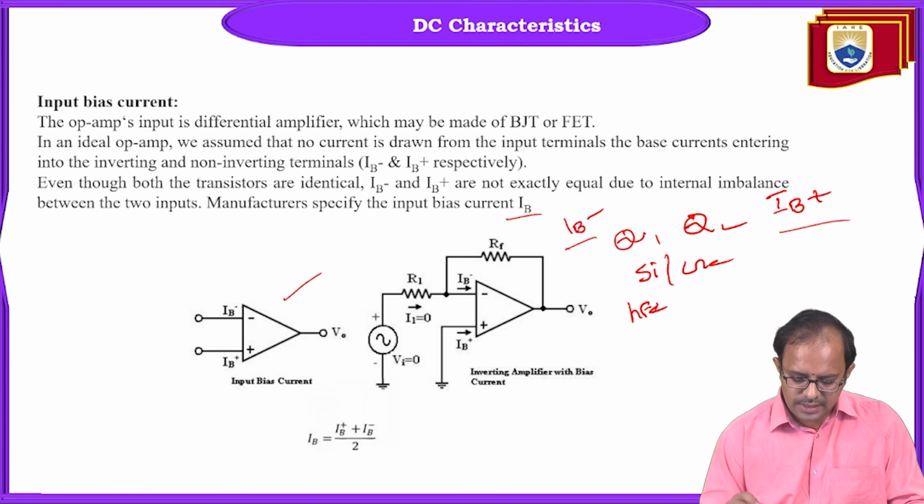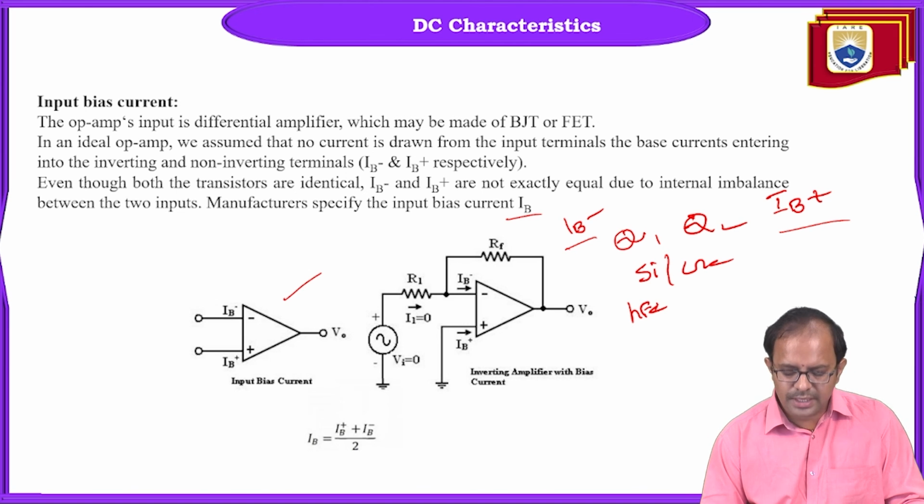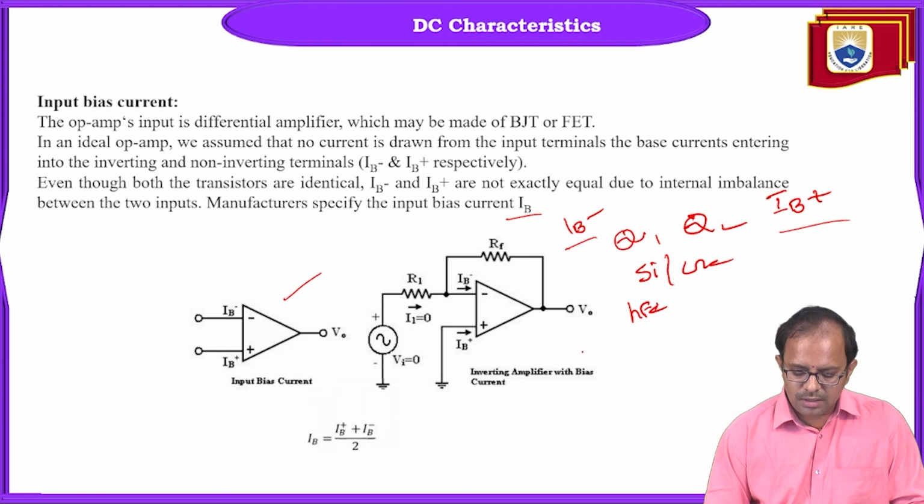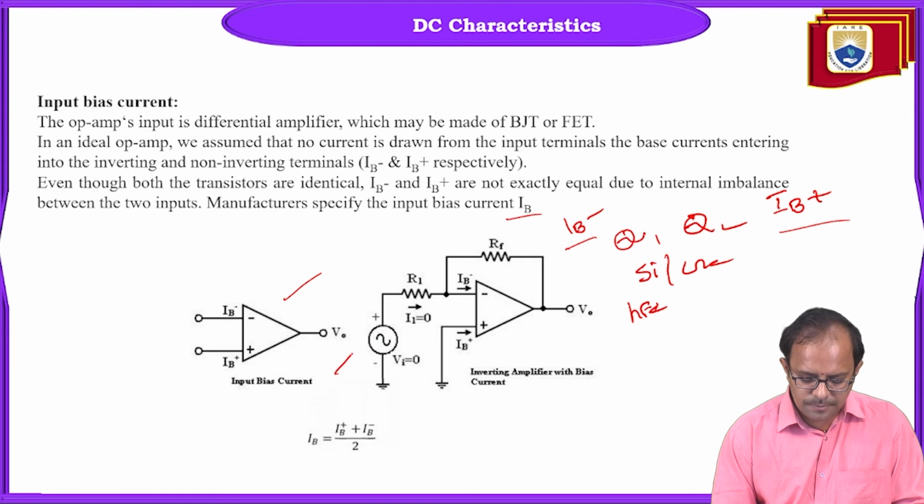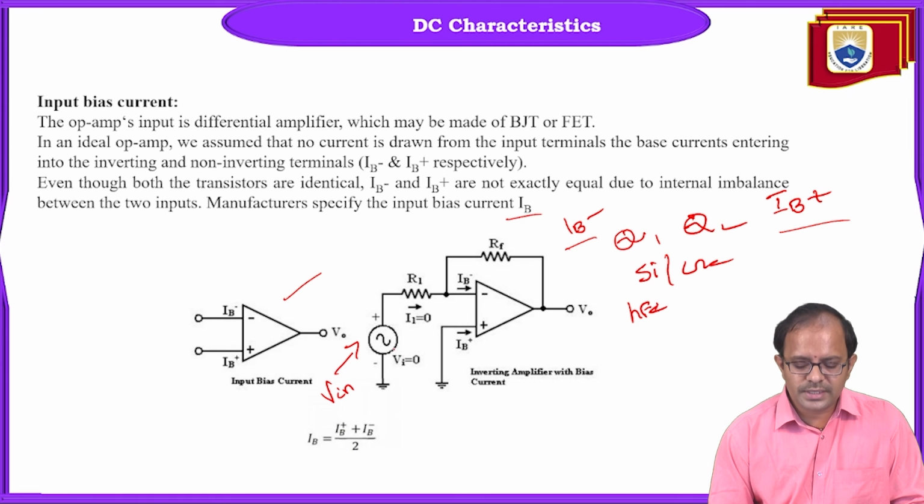Okay. Now let us consider an inverting amplifier. What is an inverting amplifier? If you observe the circuit, let us say this is the input, Vin. The input is connected to the inverting terminal, so you can notice the minus.